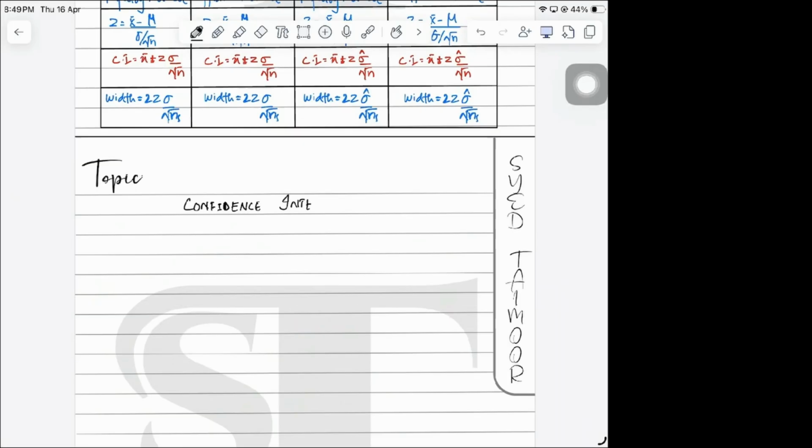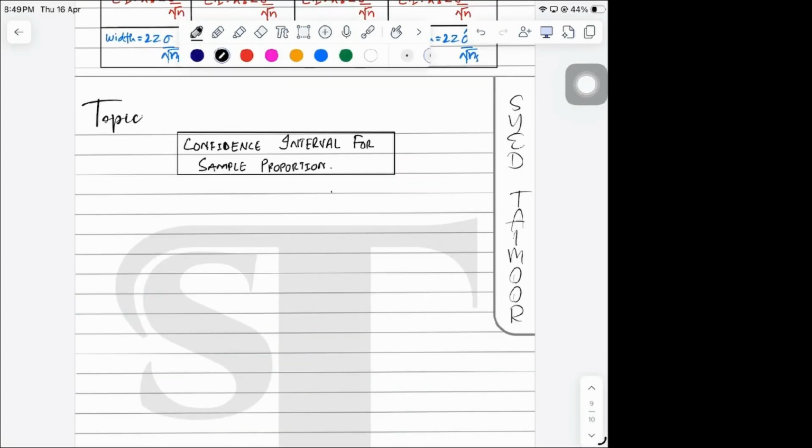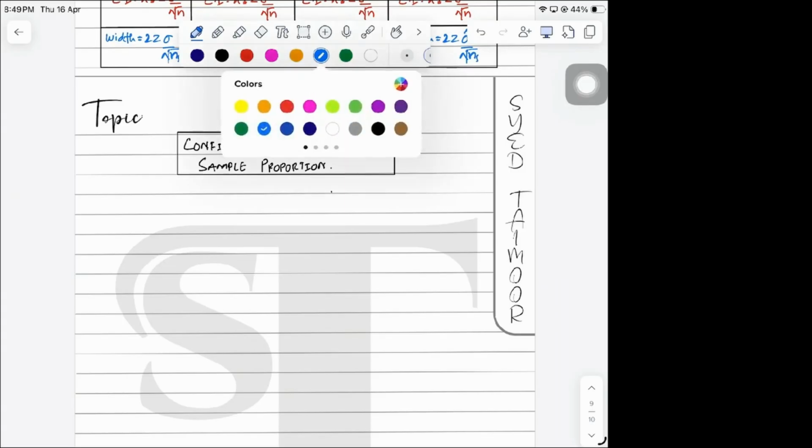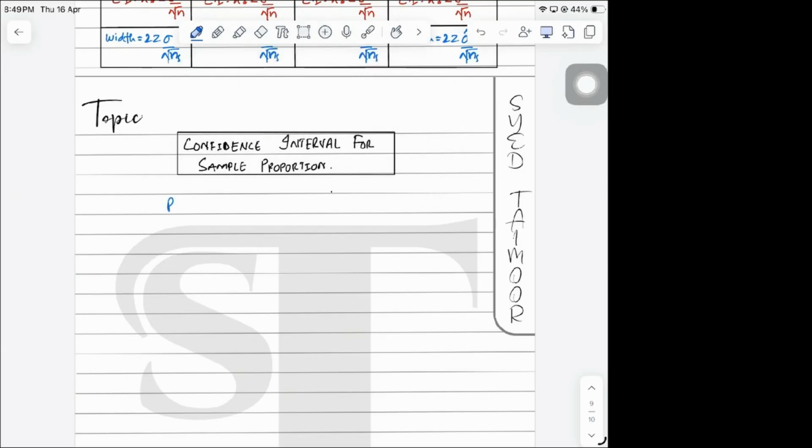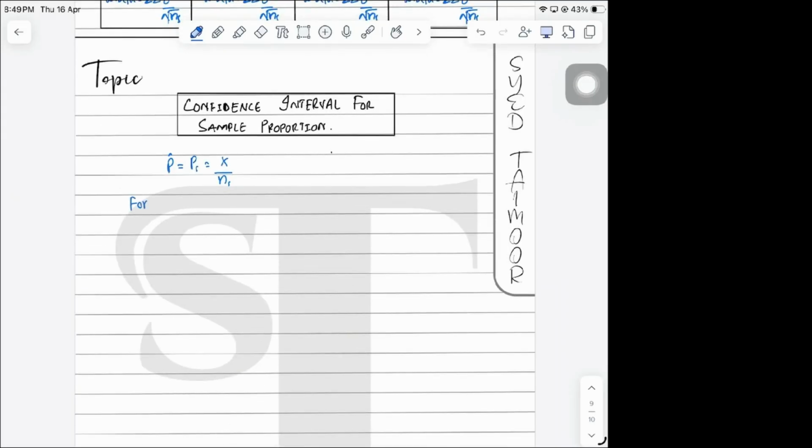Confidence interval for sample proportion. So it will be P cap, which is equal to Ps, and you know about that, X over N of S for N greater than or equal to 30.